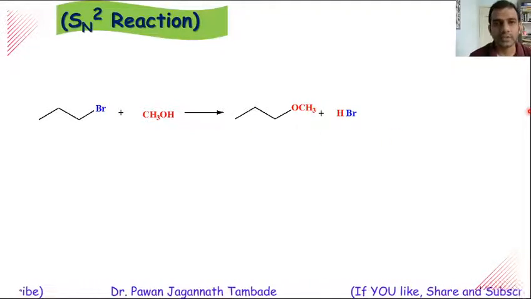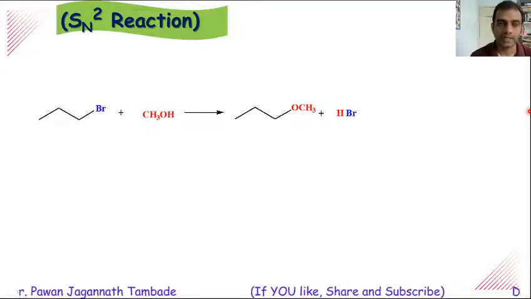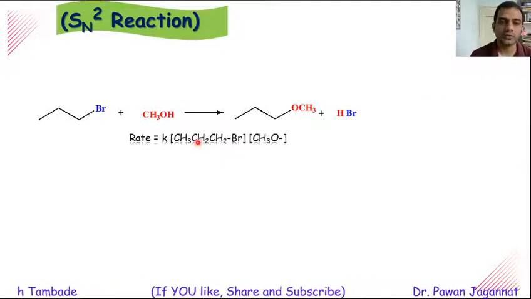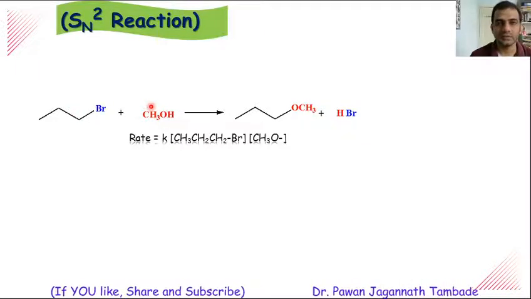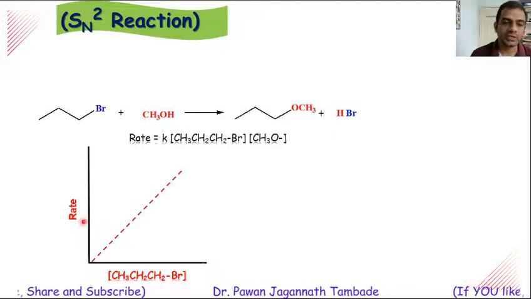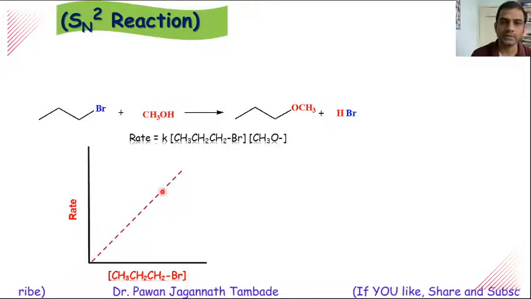During the course of reaction, when we did experimental studies, it has been observed that the rate of reaction in this case is depending upon concentration of this electrophile and concentration of nucleophile as well. It means when we change the concentration of this alkyl halide, the rate of reaction is found to increase.